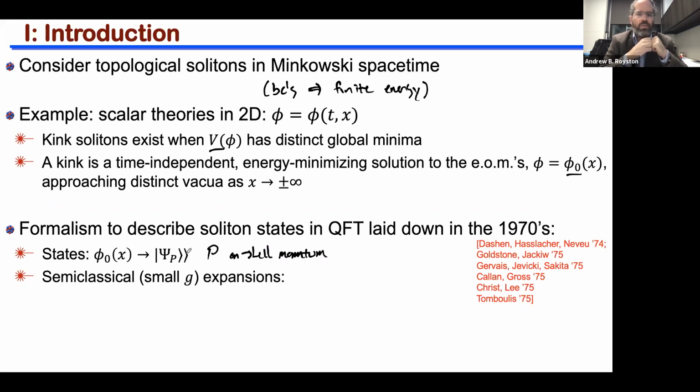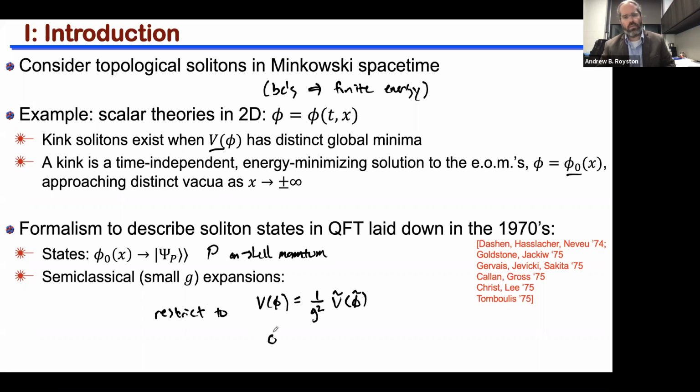Also in the 70s was laid down the formalism for describing semiclassical expansions of, for example, matrix elements, correlation functions. And that involves a small parameter, G. So we're going to restrict attention to potentials which have a scaling property where that small parameter G can be pulled out.